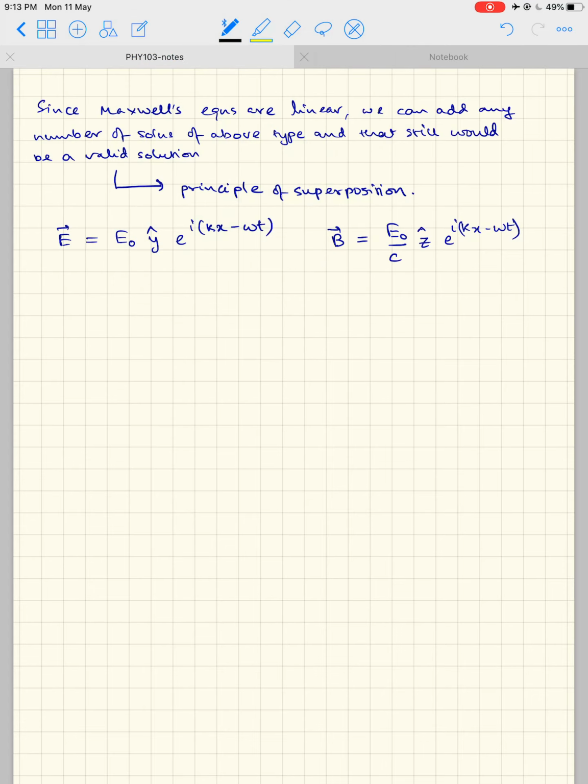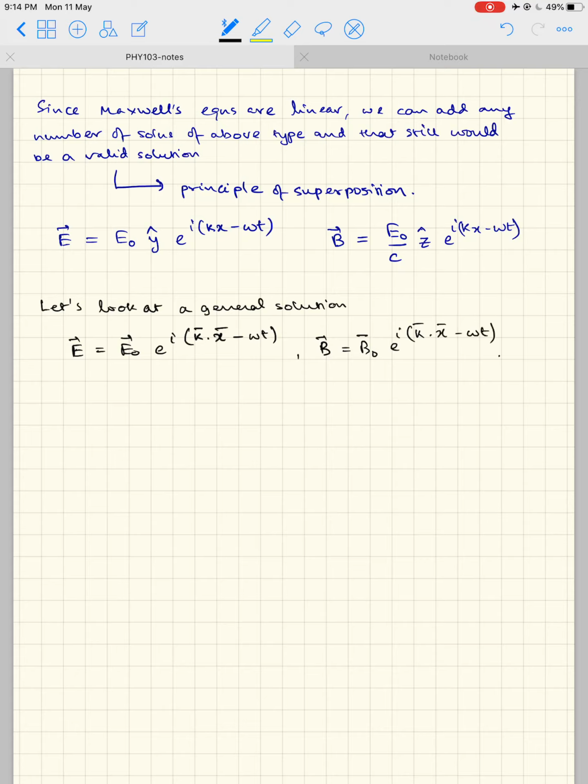Now let's look at a more general solution. For that, we will write E is E naught vector times e to the power i k vector dot x minus omega t, and B is B naught vector e to the power i, again k dot x minus omega t.